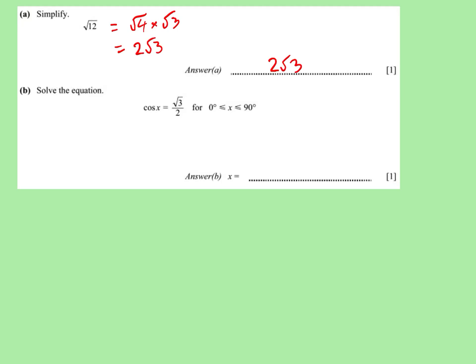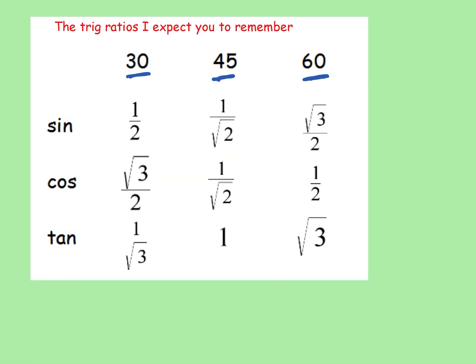Solve the equation cos x equals root 3 over 2. So what I know is cos x equals root 3 over 2. What I need to do is shift cosine root 3 over 2. But you don't have a calculator, so you just need to know it. So let's have a look.